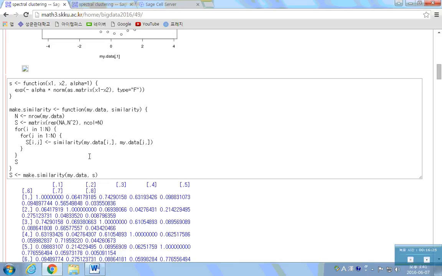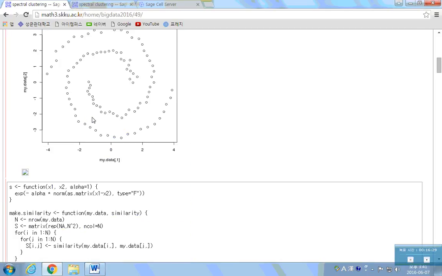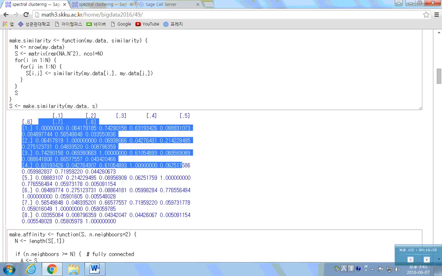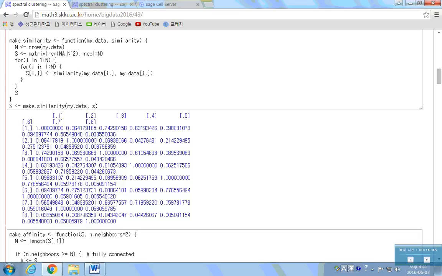Then we find the similarity matrix. Because there are 100 data points, it will be 100 by 100. But here I just show you the first 8, an 8 by 8 sub-matrix, like this. Here you can see it is symmetric. This is 1,1, this is 1,2, this is 2,1. So it's symmetric.